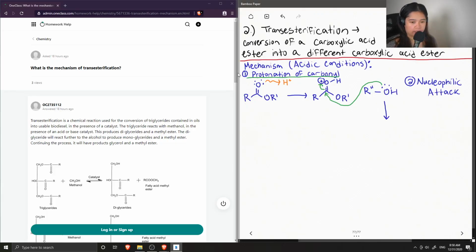So now we have an alcohol group up here. We have our side group R1, and now we have a newly formed bond and a new side group R double prime. So this oxygen has a positive charge, but step 3 is just a proton transfer.